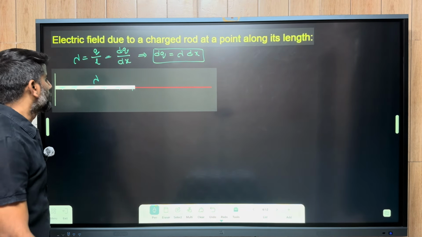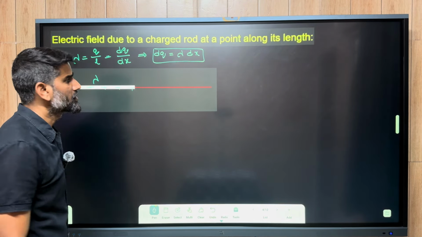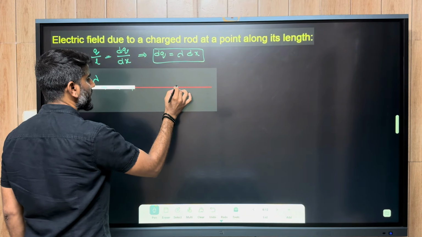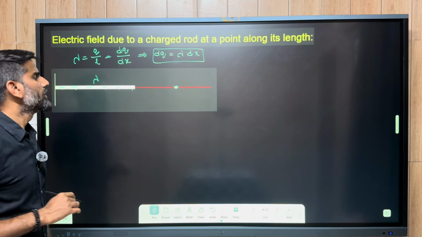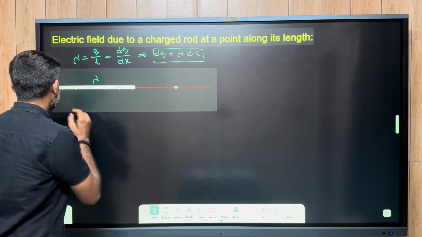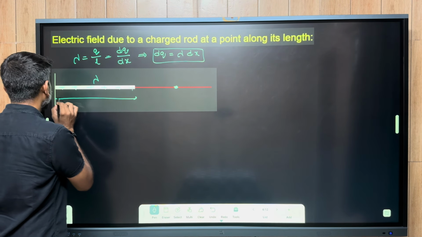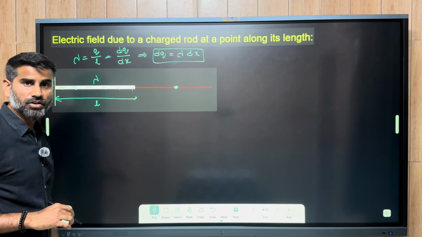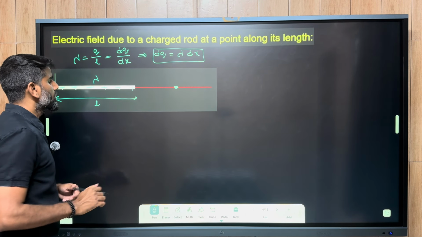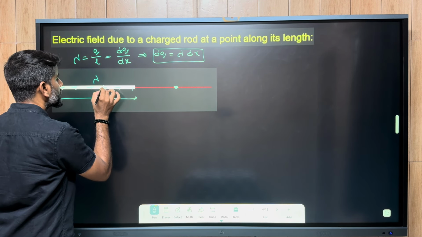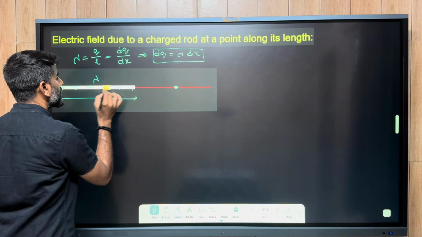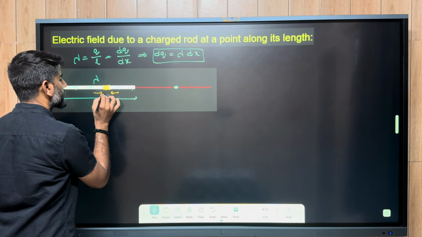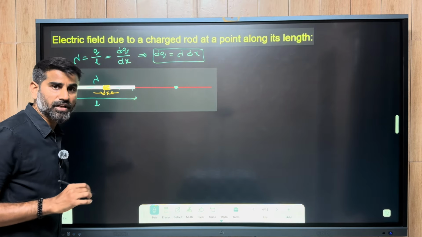Right. Now what I'm going to do is consider a point on the axis of the rod along its length. The length of the rod is L. Now I'm going to divide this entire rod into small pieces of small length dx.